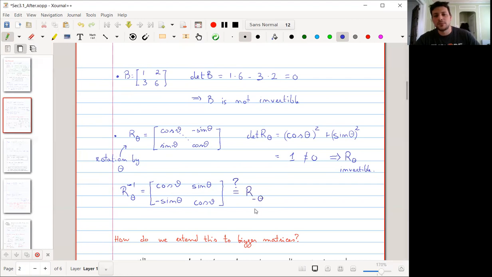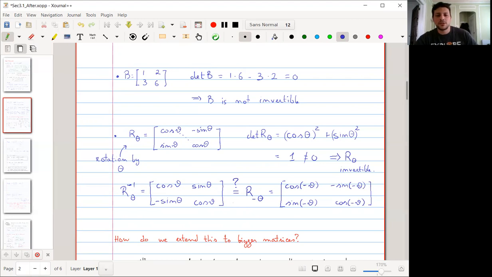Let's see if we find that believable. Rotation by the opposite angle is whatever I get by considering the rotation matrix with angle minus theta instead. Minus sine of minus theta, cosine of minus theta.